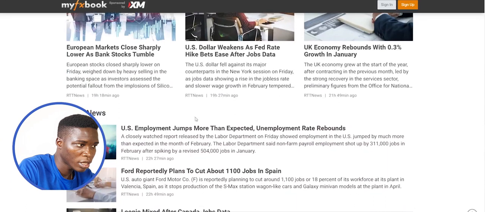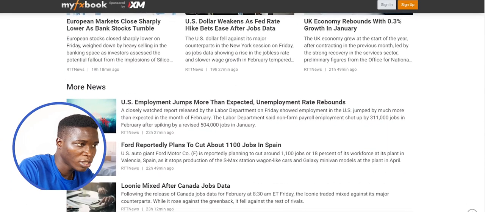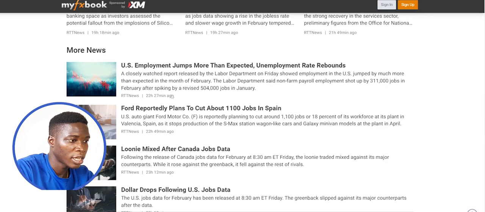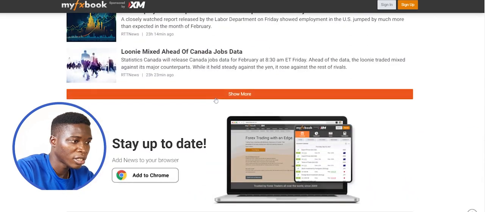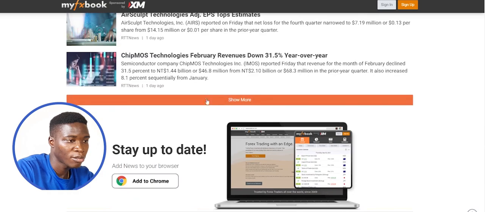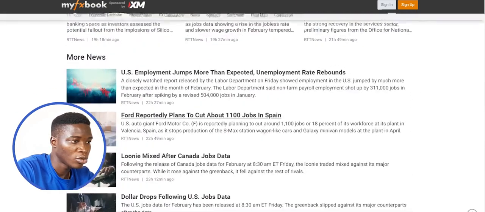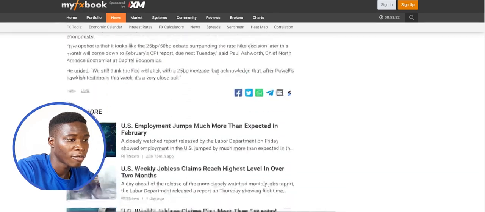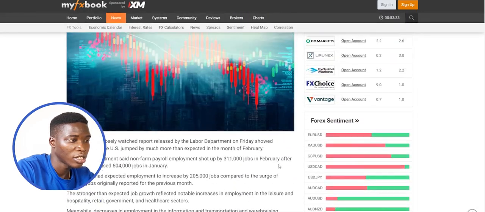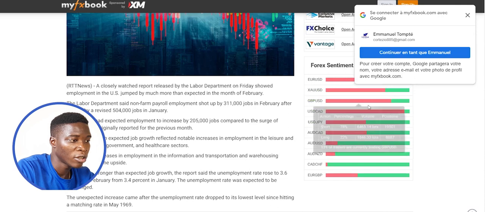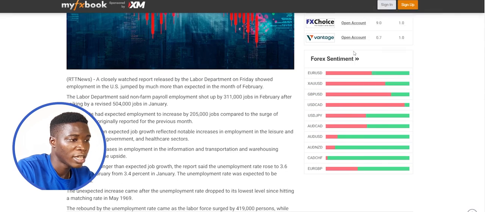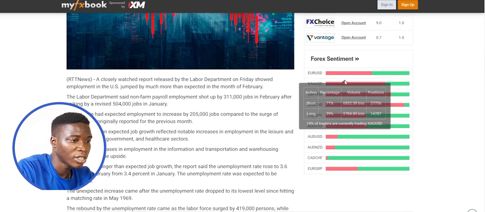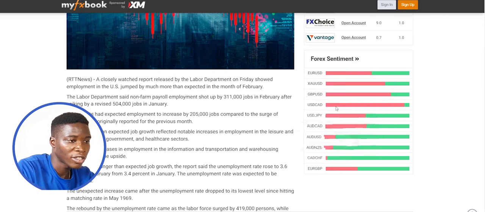So these are the news: dollar draw following loonie mixed, and USD unemployment jumps more than expected. Unemployment rate that was released 22 hours 27 minutes ago, yesterday. So you can check for more. When you click on one particular news, then you have more details. They will talk about it, they'll give you the time, they'll give you the impact on the currency, forex sentiment.